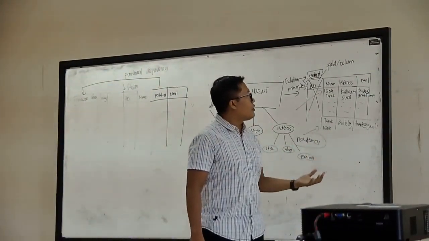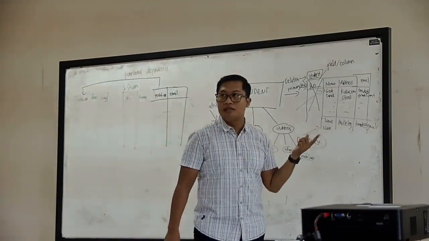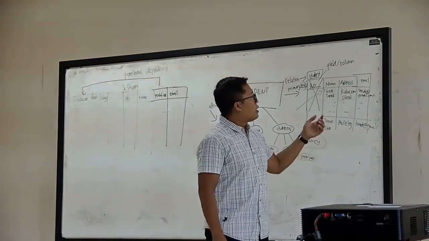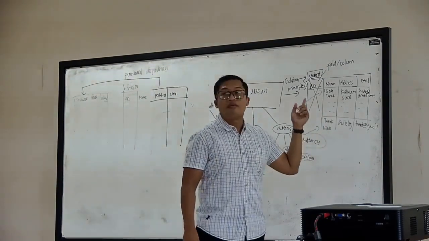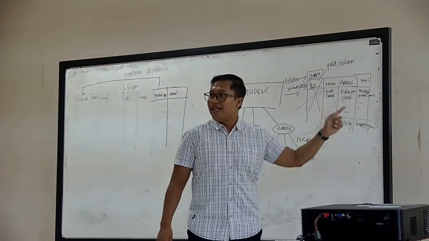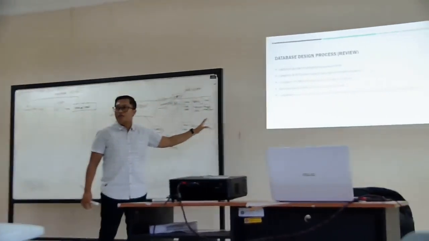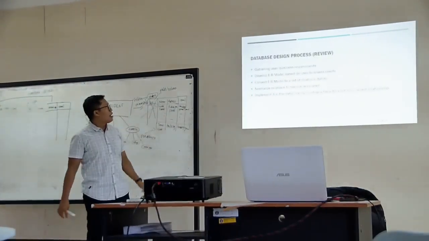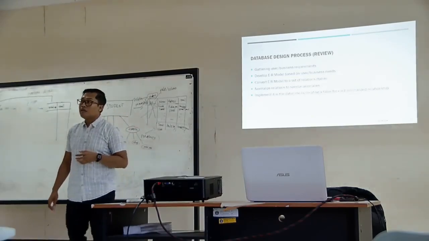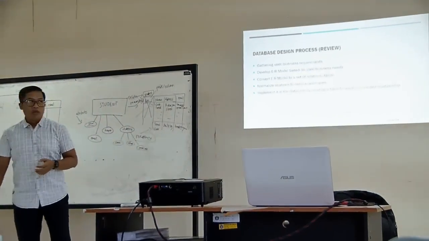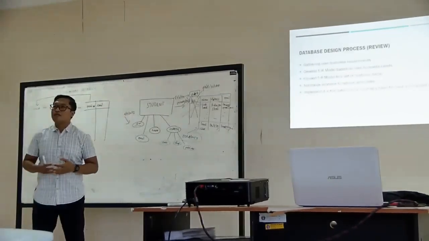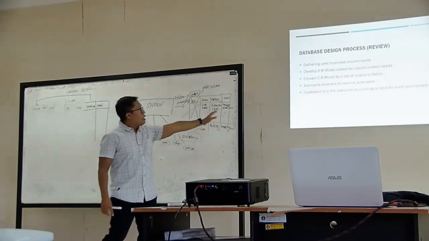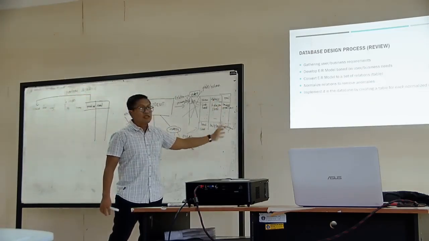After that, we convert the ER model to a set of relations using the transformation process, and then normalize the relations to remove anomalies. That is the purpose of normalization. And last, implement it in the database by creating a table for each normalized relation. So normalization is the process we need to create the normalized relations.